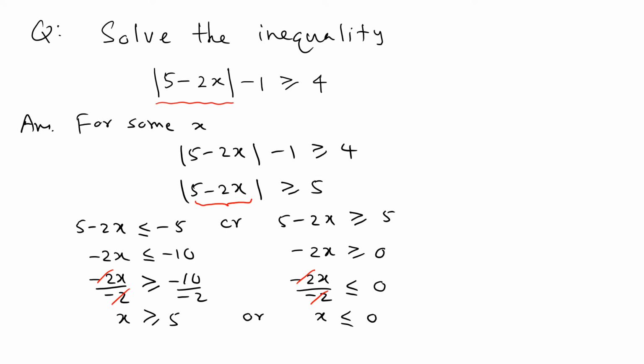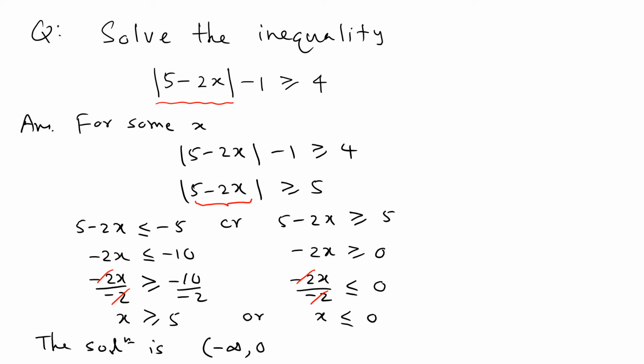Now we can write them using interval notation. It says x greater than or equal to 5, or x less than or equal to 0. So we can start with the solution, which is negative infinity all the way up to 0.